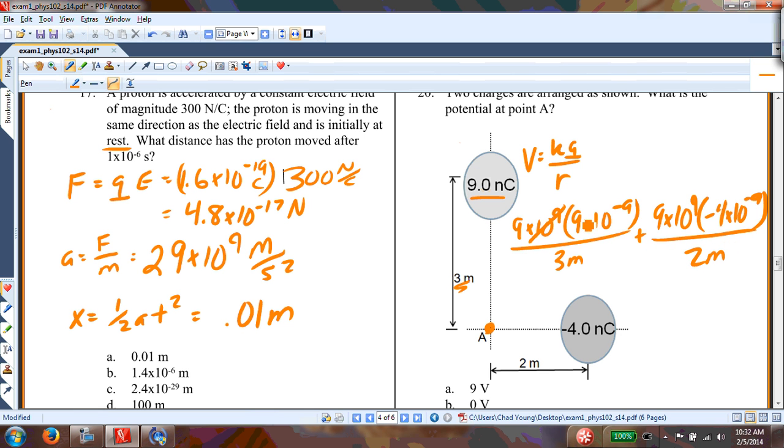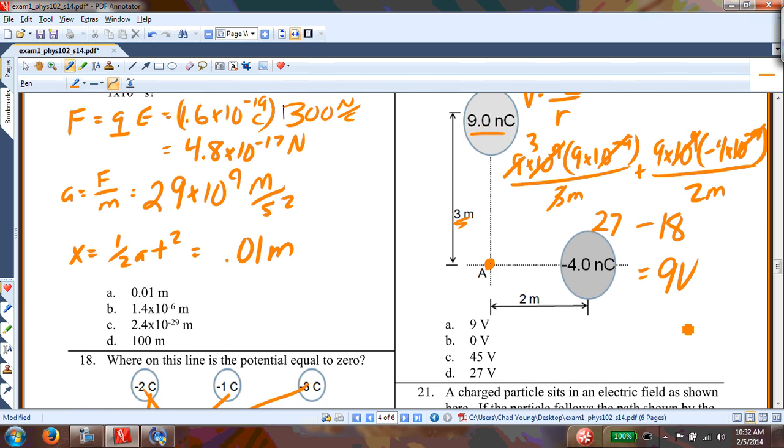Now let's see, these cancel nicely. This 3 gives me a 3, so I get 27 minus 18, which is equal to 9 volts. So A should be 20.